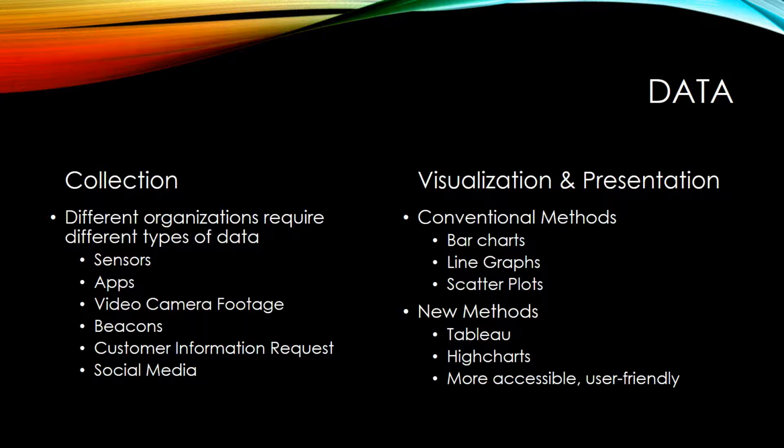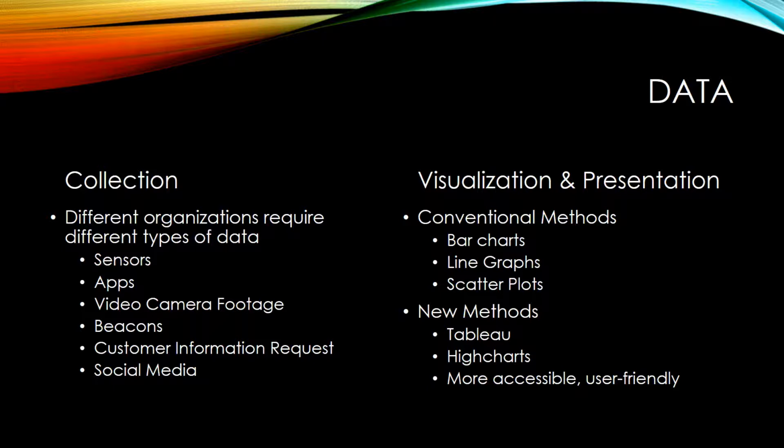Different organizations are going to require different types of data depending on what they do, and so the way they collect their data may vary. Common ways that organizations collect data are sensors. Some common sensors would be a GPS, a gyroscope, an accelerometer, things in devices like that. Different apps collect user data and send it back to an organization.